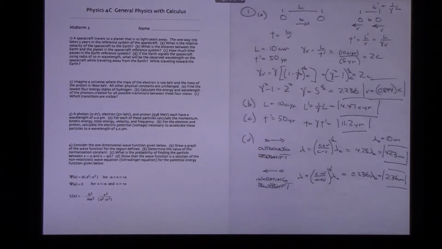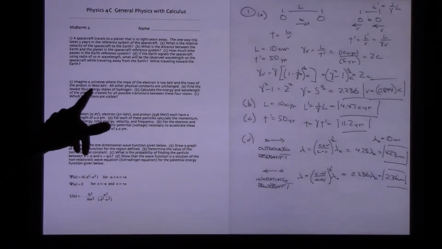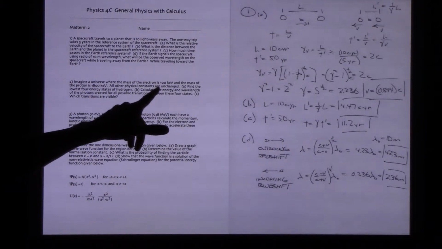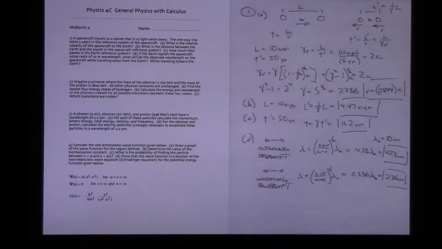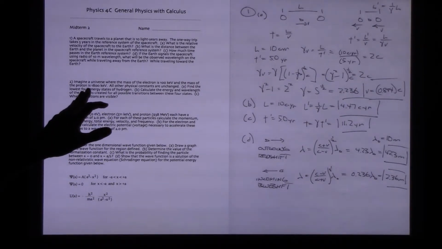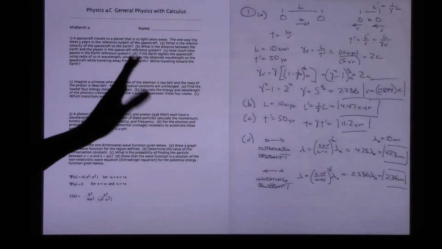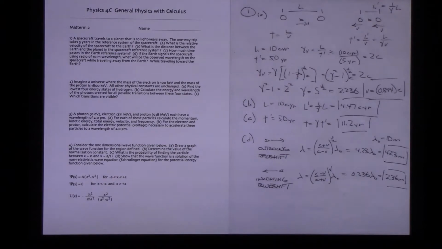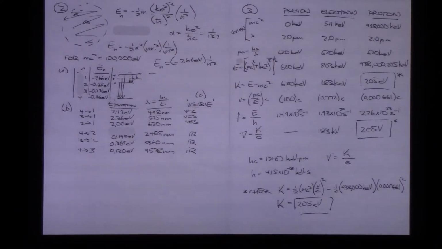Now, with this new alternate cosmos, or universe that we generated, the mass of the proton is still much, much larger. It's nowhere near as large as it used to be in terms of relative mass with the electron. But even in this example, we can continue to treat the proton as motionless.